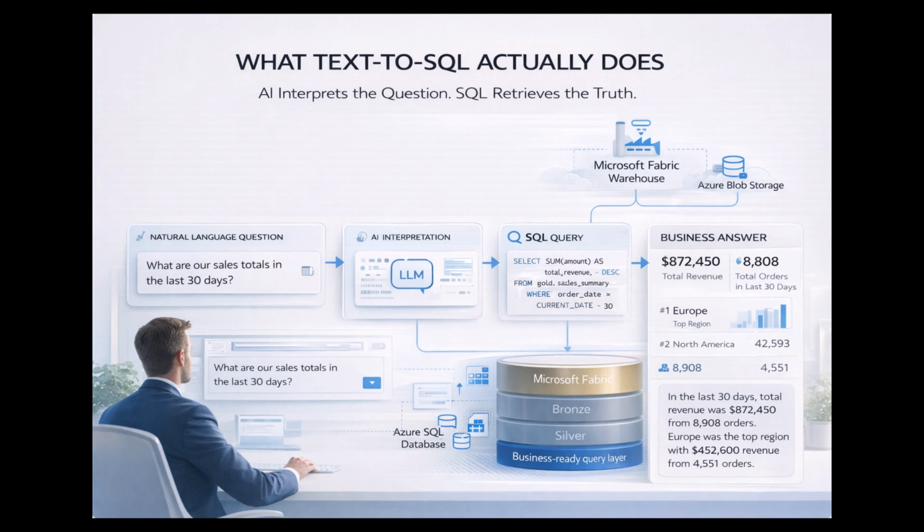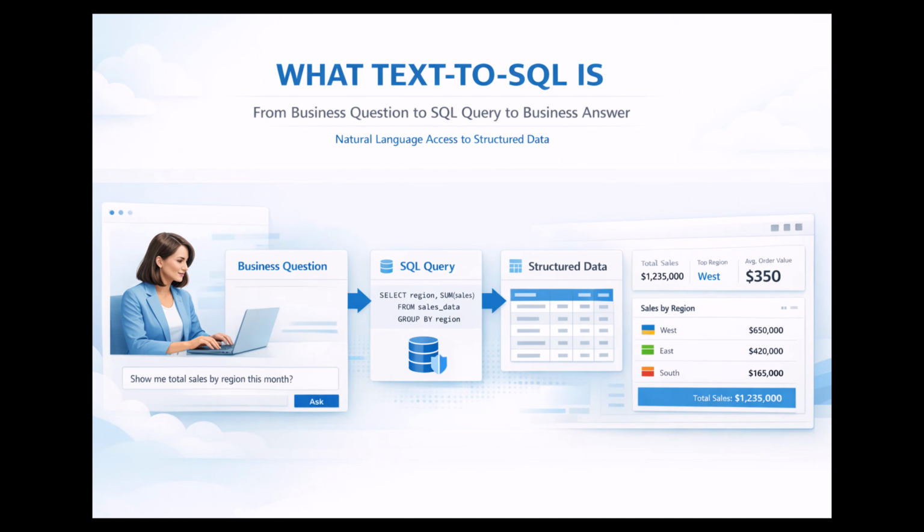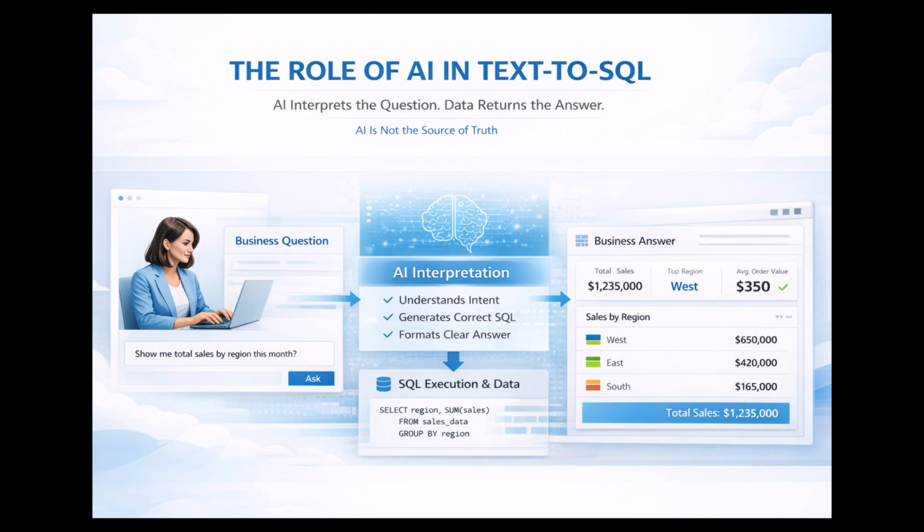The user doesn't need to know the database schema, table names, or how to write SQL. They just ask the question the way they would ask an analyst or someone on the business team. That is where AI comes in. Its job is to understand the meaning of the question, help generate the right SQL query, and then turn the returned results into a clear business answer.